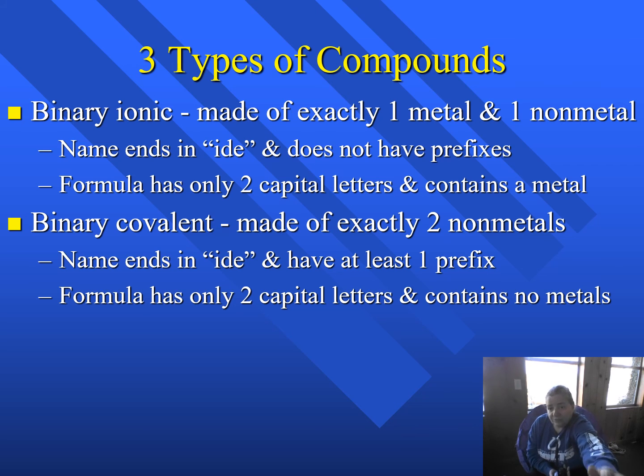So the binary covalents, remember they share electrons, whereas binary ionic, the electron comes off the metal and goes onto the nonmetal. So because of that, we have to name them differently to show that that's what's happening. I didn't make the rules. I just know what they are.